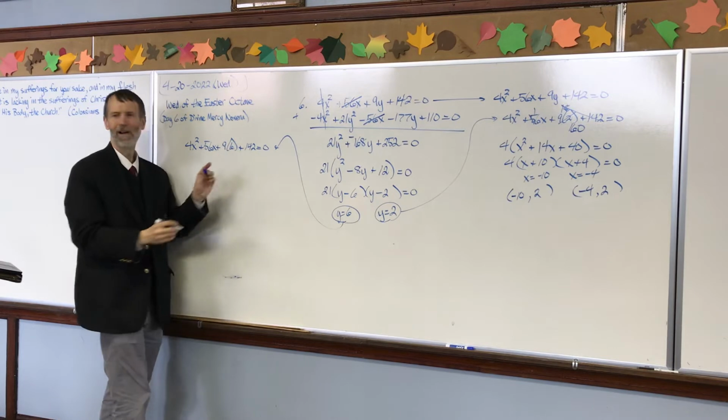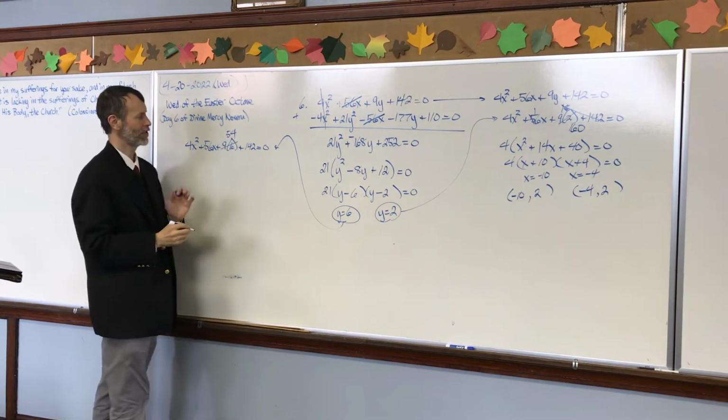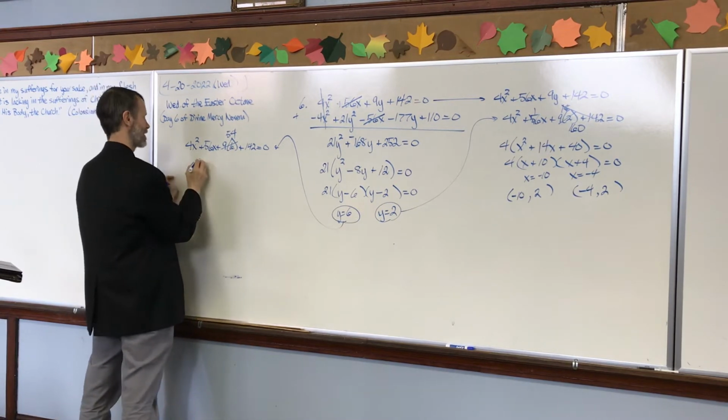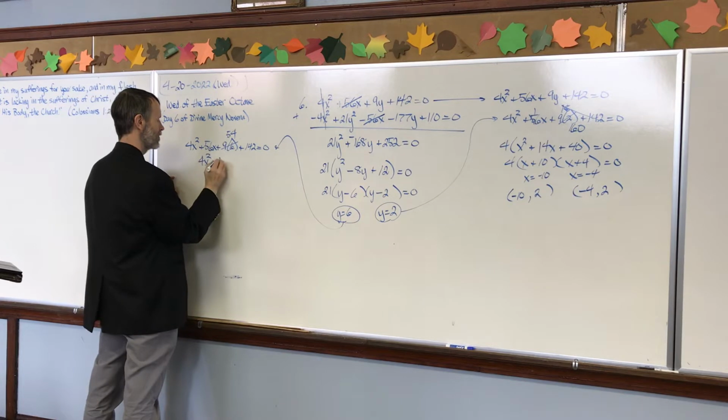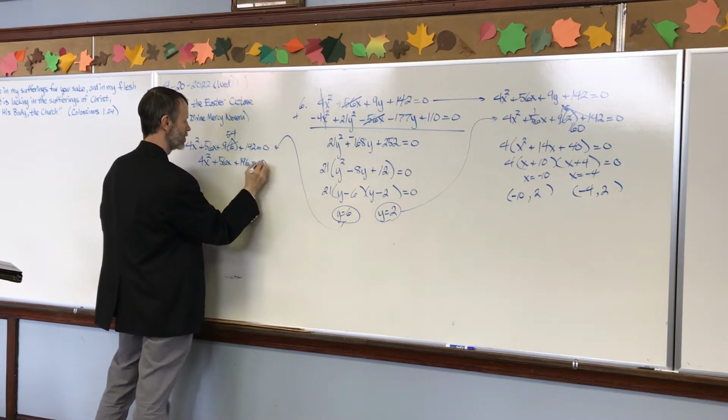What's 9 times 6? 54. 54 plus 142 is 196. So 4x squared plus 56x plus 196 equals 0.